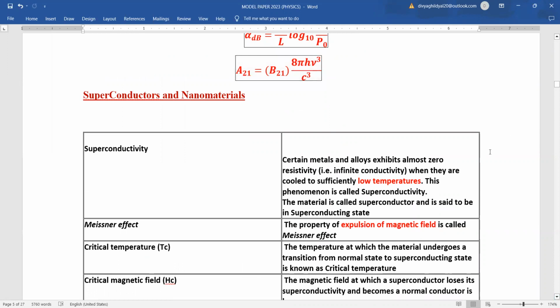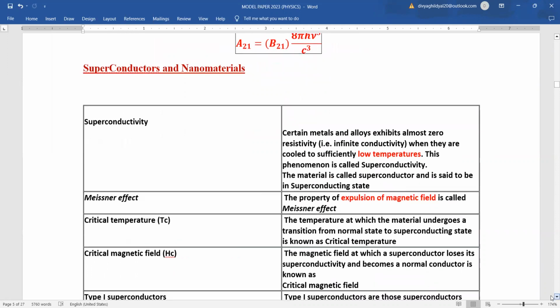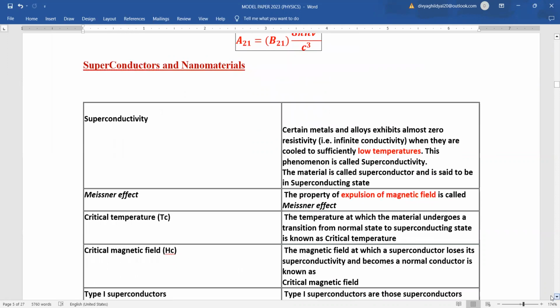Superconductors and nanomaterials. These two topics are theoretical. Numericals can come from superconductors. Certain metals and alloys exhibit the property of superconductivity at very low temperature.